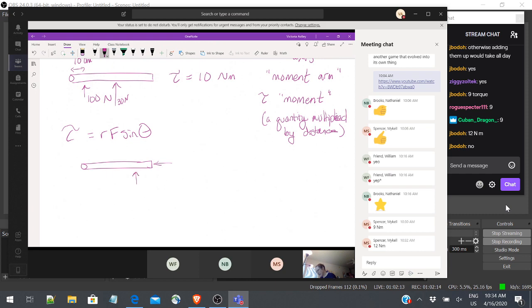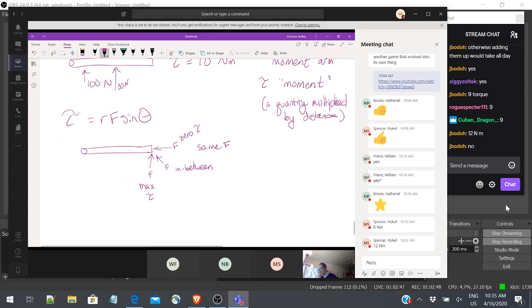So if I push right here, I'm going to generate more torque than if I push sort of like this. I can apply the same force in 3 different ways, but I will get the maximum torque, 0 torque, and then something in between, based on the angle.